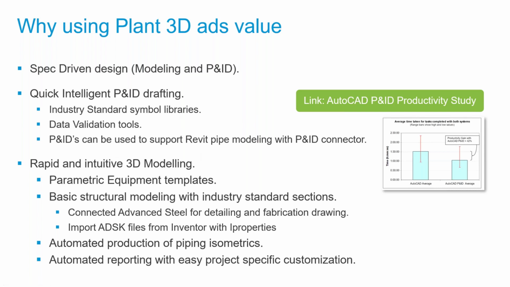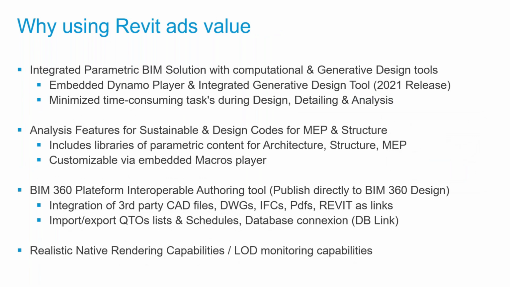And now if we talk about Revit values, Revit has a lot of values, especially for each trade. We have Revit users doing only structure. We have Revit users doing only architecture. And here we will talk more about what could be the value for a plant project. For those who don't really know Revit, Revit is a fully integrated parametric solution which enables computational design, and more recently even generative design.